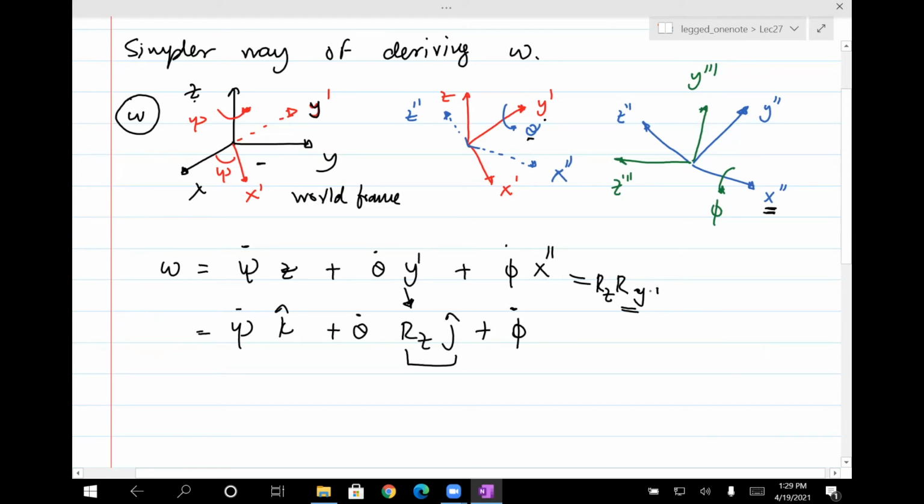So if I want to find the unit vector along X axis in this frame, I just need to do Ry times I. So that gives me X double prime, but that gives me that in the previous frame, which is this. And then if I want to go from this frame to the first frame, then I need to pre-multiply with RZ. And so all I need to do here is say RZ, RY times I.